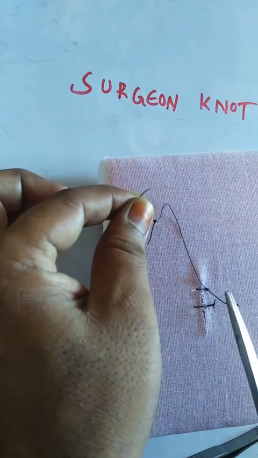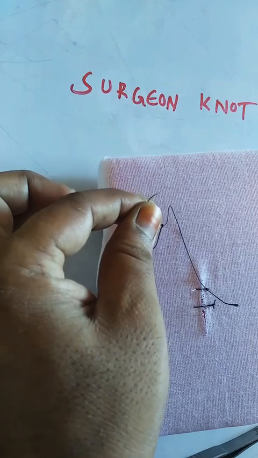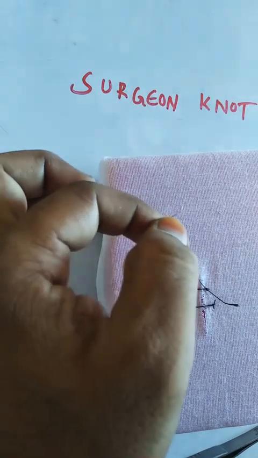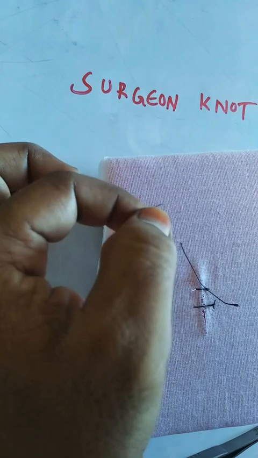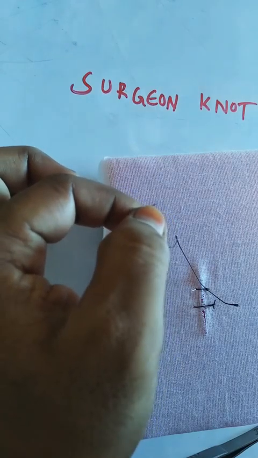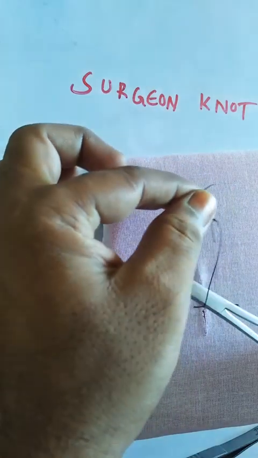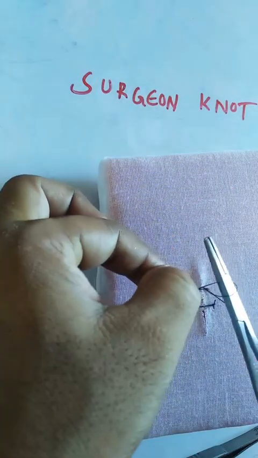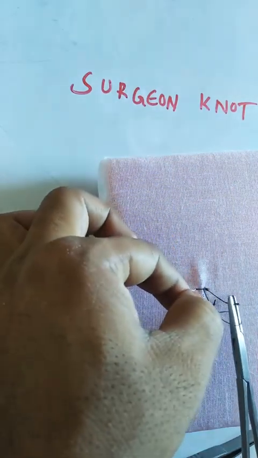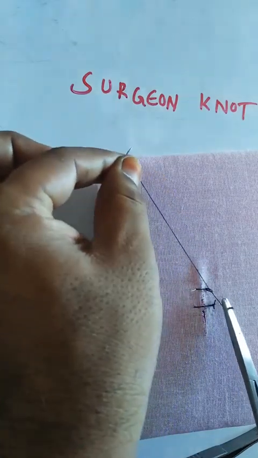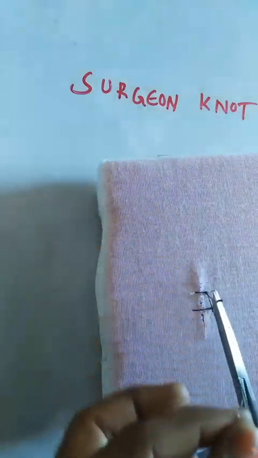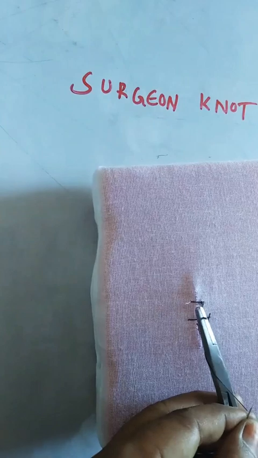Basically these two ties are enough for the surgeon's knot, but for security you can make another tie in clockwise direction like this. You make one throw, hold the small end and make the tie. This is about the surgeon's knot.